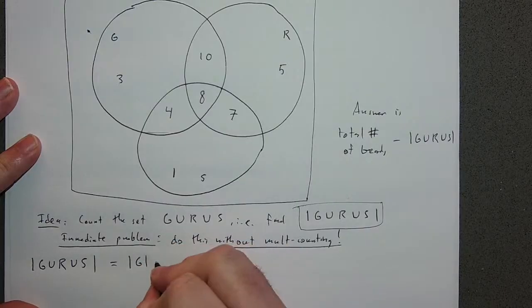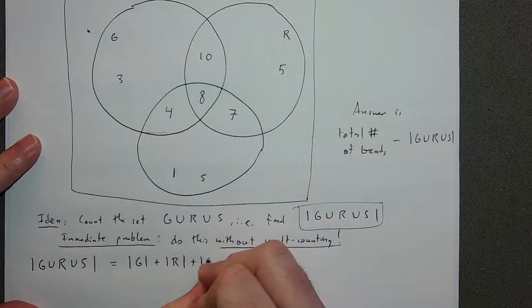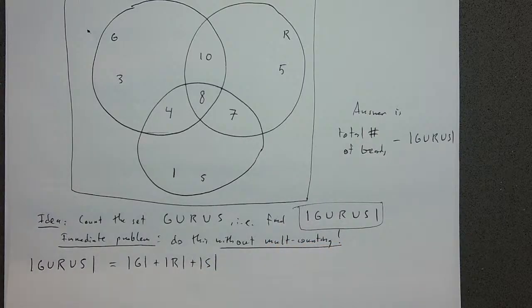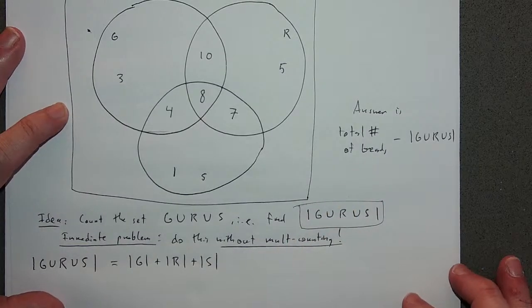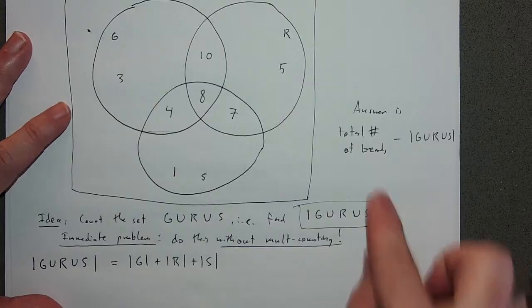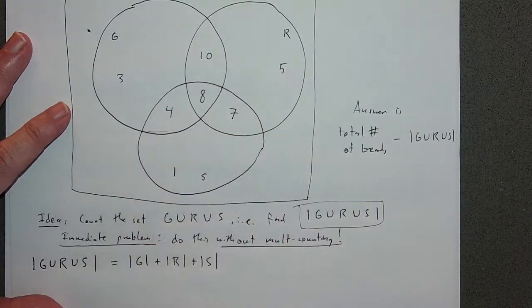So total number of glass plus total number of red plus total number of spherical beads. Now, to account for the double counting, what we would then do is subtract off some of these regions that had been double counted.